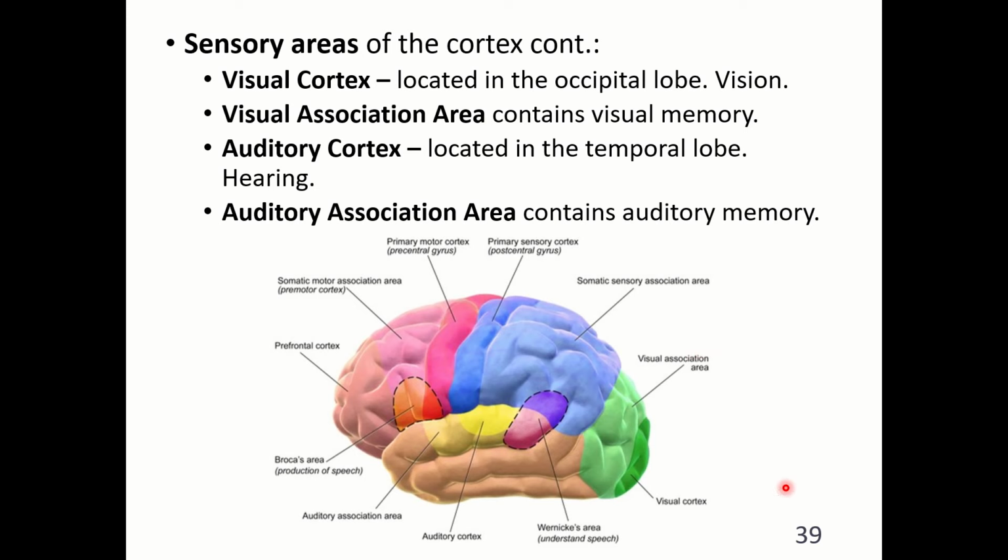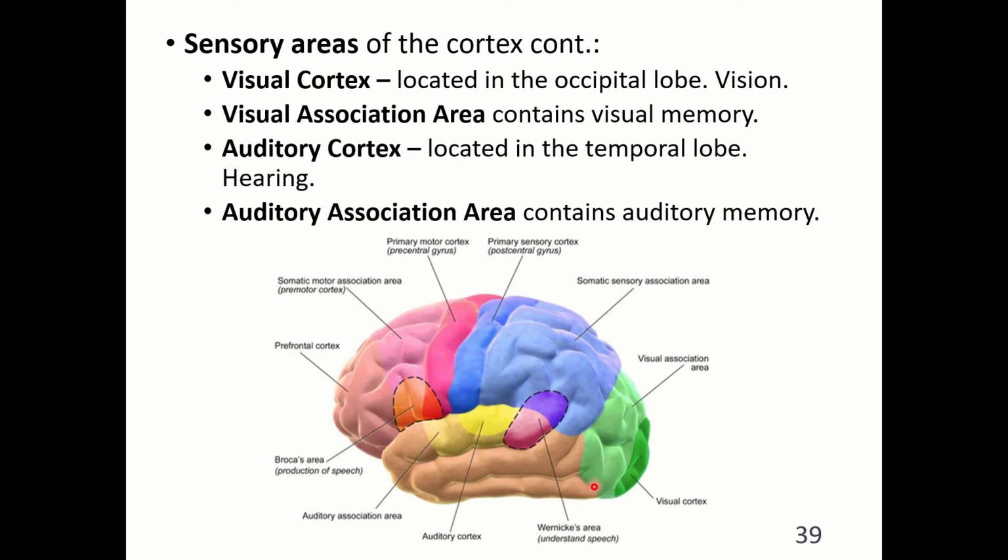Here are some more sensory areas of the cerebral cortex. The visual cortex is located in the occipital lobe, and it is responsible for vision. And notice it has a visual association area.